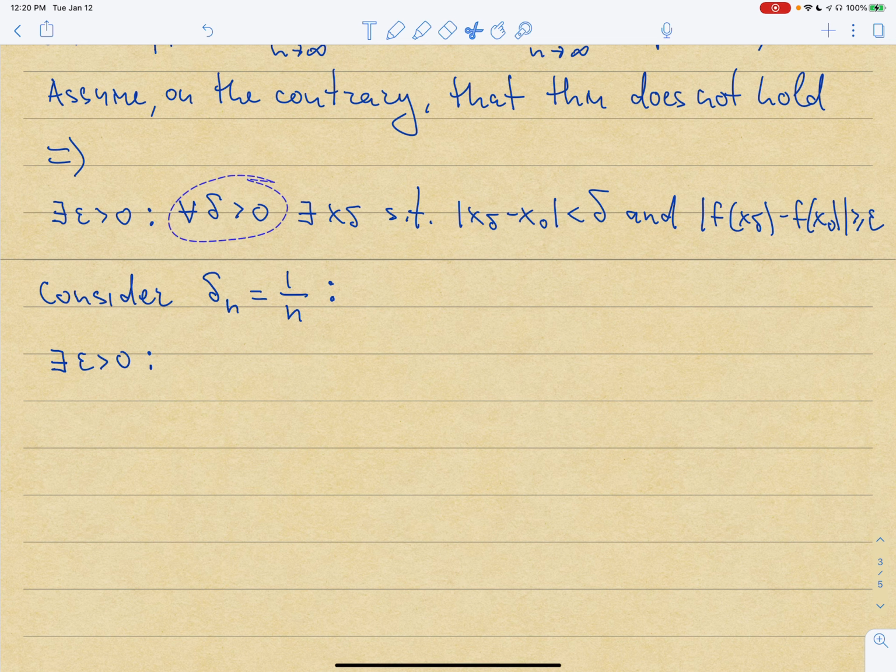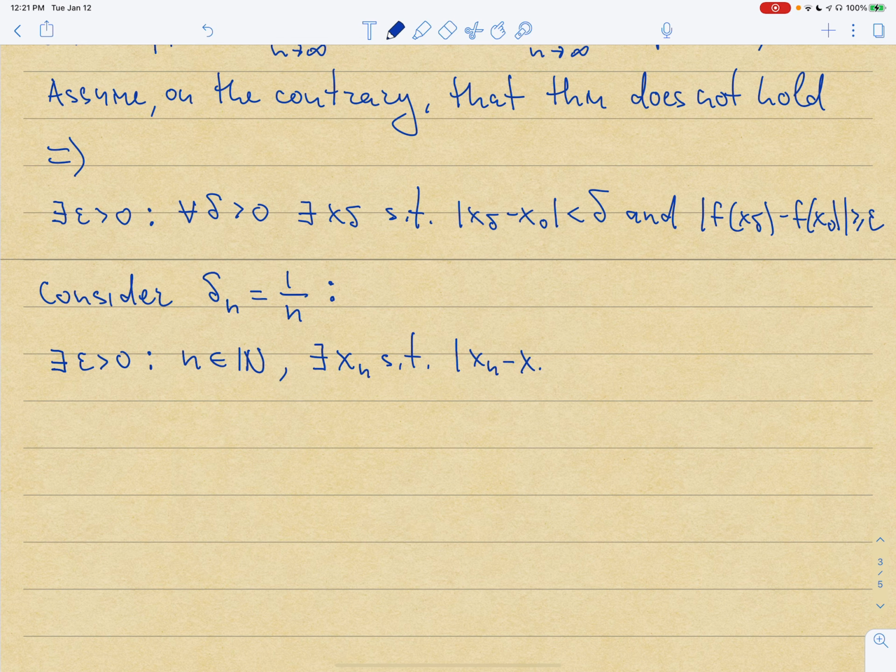So if I use just deltas that are equal to 1 over n, then for any n in N, there exists xn such that xn minus x0 is less than my delta n, which is 1 over n, and this still gives me f of xn minus f of x0 greater or equal than epsilon.